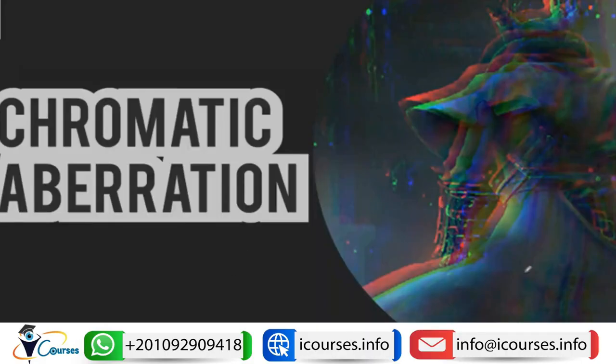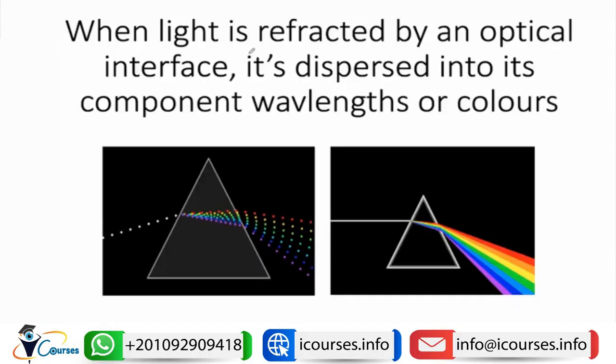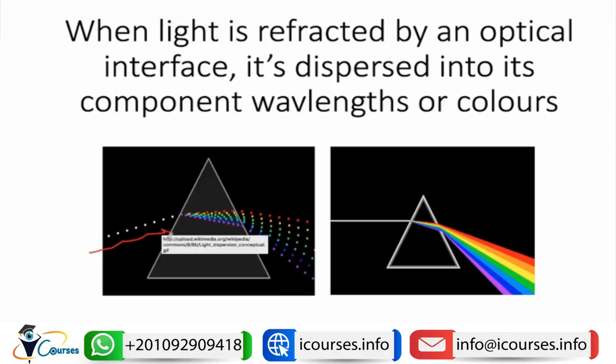Chromatic aberration means that the image looks blurred with different colors like this. So why does this chromatic aberration occur? Let's revise some basic rules that we mentioned in the early lectures of optics. We said that if a white light enters an optical interface, this white light will undergo dispersion.